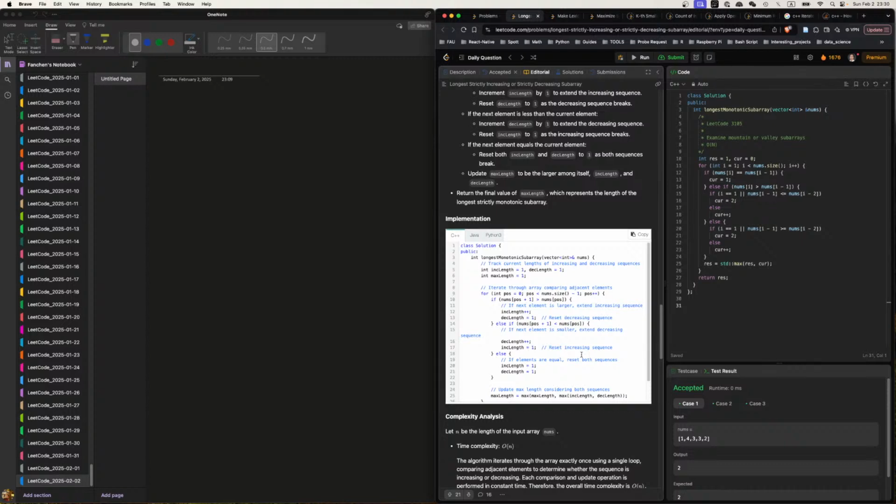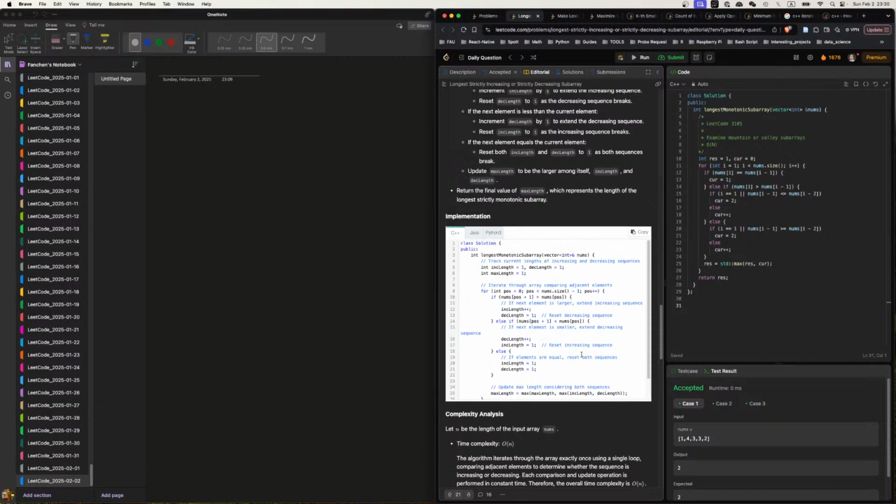So if it's larger, increase length plus plus, reset decrease length, and if smaller, decrease length plus plus, else both set to 1. Oh, this is actually pretty good. Increase length, decrease length. Well, in my case, I basically folded them together into one called current. Yeah, this is easier to understand, I do agree.